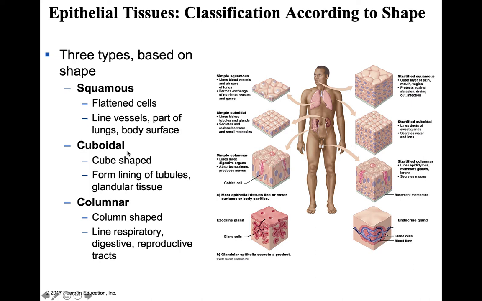Then there's cuboidal, so the shape here is pretty self-explanatory. And we find cuboidal tissue lining tubules, especially within the kidney. Columnar is column-shaped, and we're going to find that lining the respiratory tract, the digestive tract, and the reproductive tract. So once again, those are places where you can expect to find epithelial tissue.